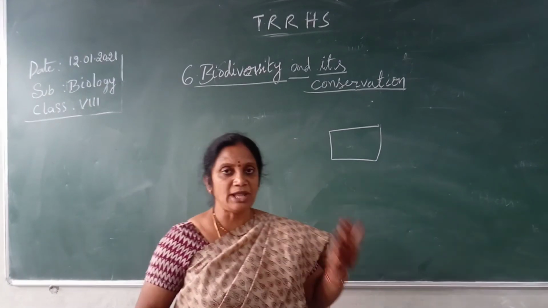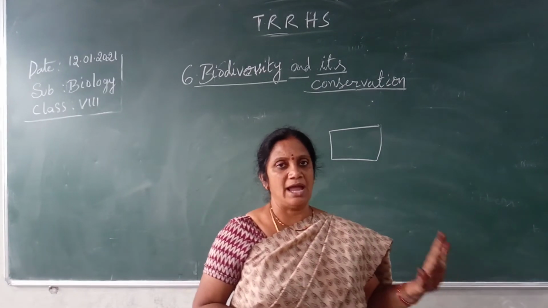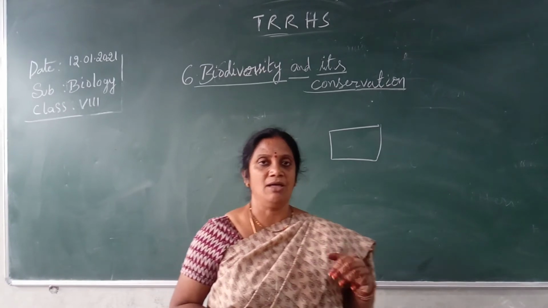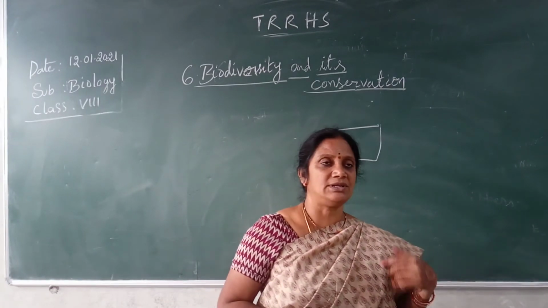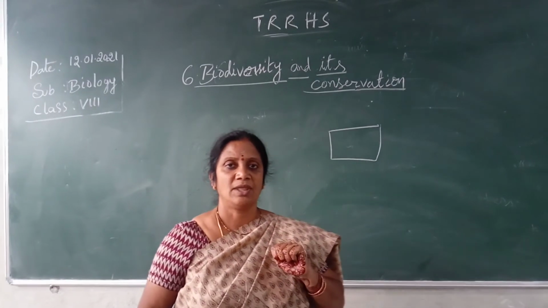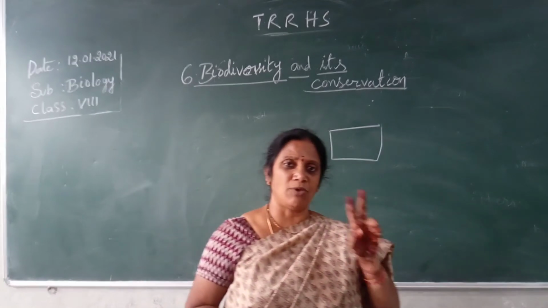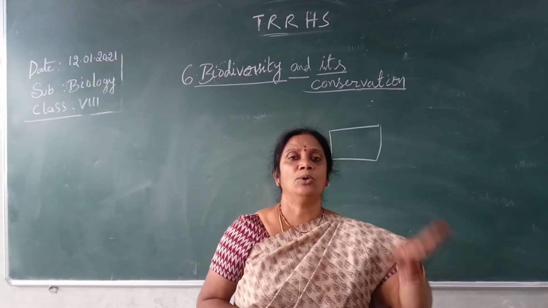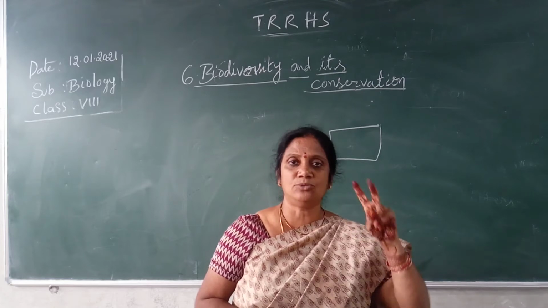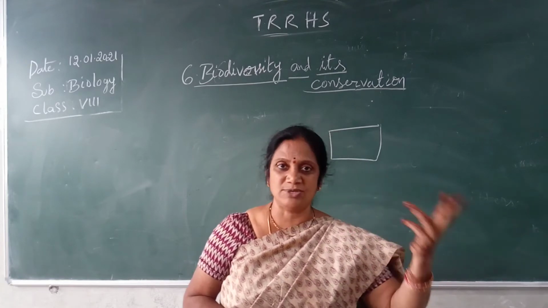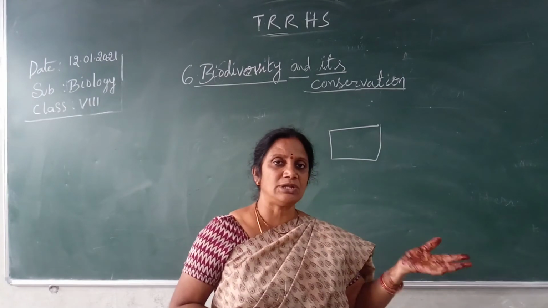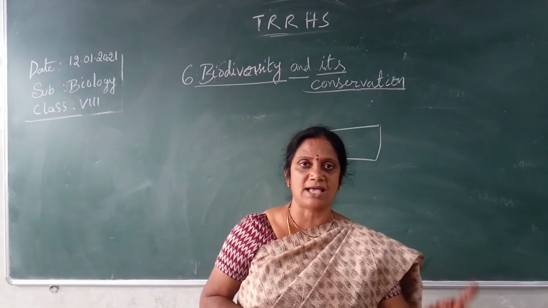You do these four activities, and I will take the feedback in the June class. The first one: take any two plants of the same type, any two rose plants or hibiscus. Otherwise, if you don't have those plants, take grass.